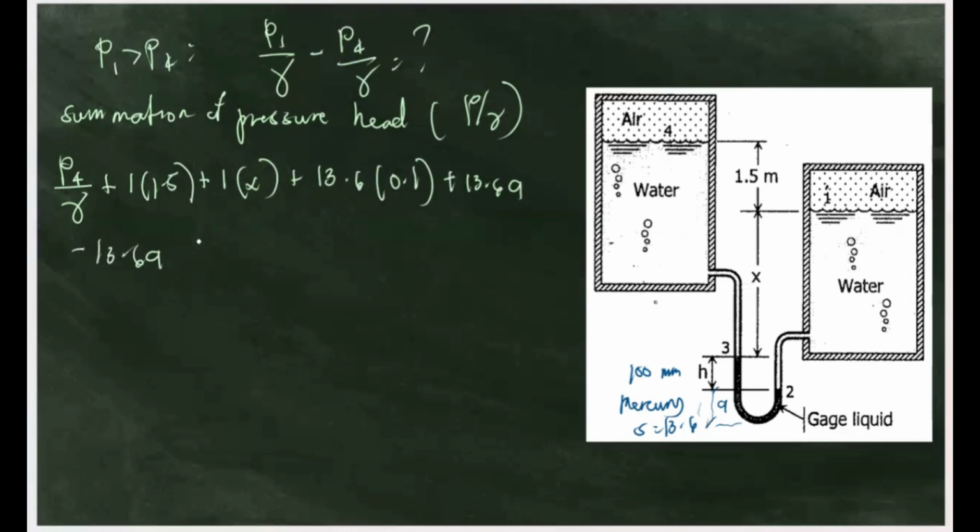And then, minus, hindi na pala 13.6. That is minus 1, no? 1 times 0.1. Okay, kasi naging water na ulit. And then minus, aangat na 1 times x is equal to P sub 1 over gamma.